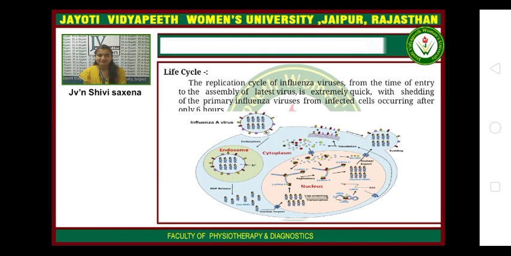Life cycle. The replication cycle of influenza virus, from the time of entry to the assembly of new virus, is extremely quick, with the shedding of the first influenza virus from infected cells occurring after only 6 hours.